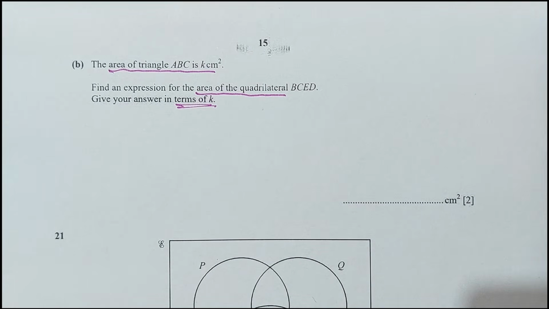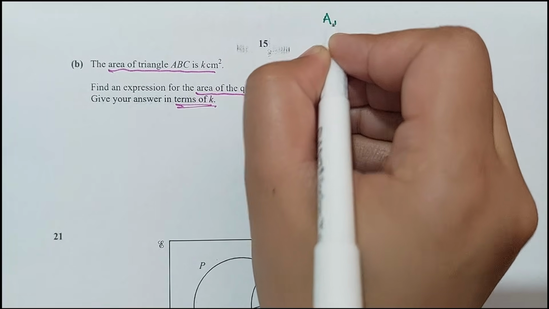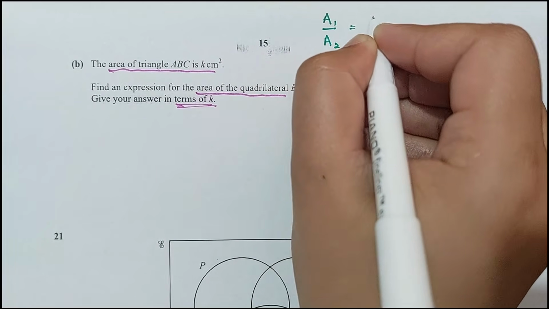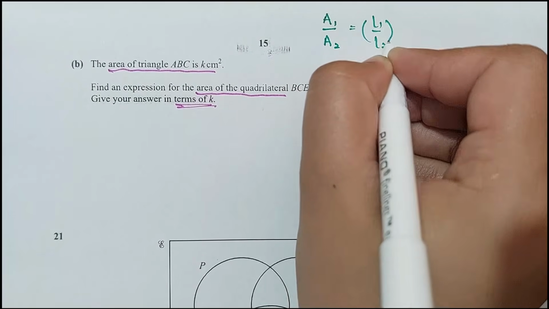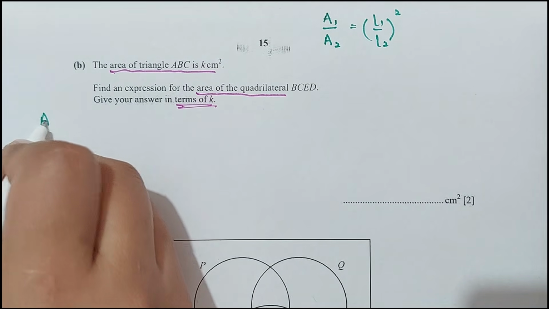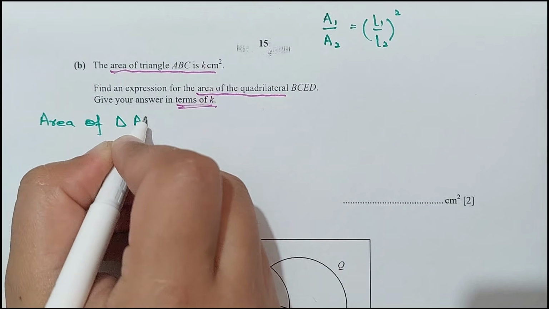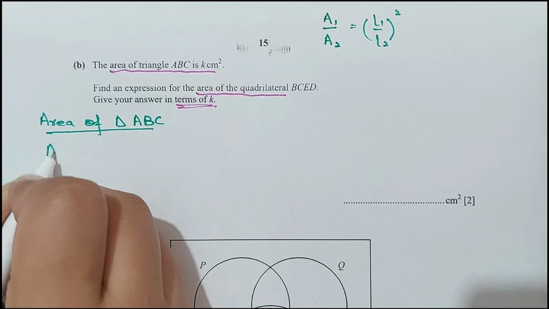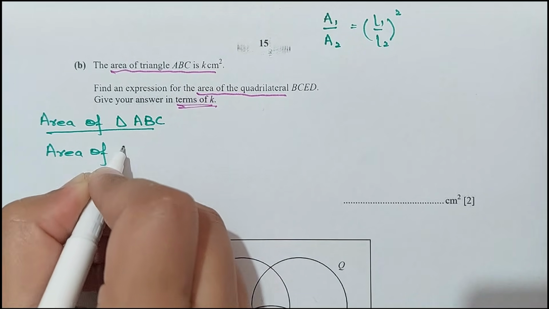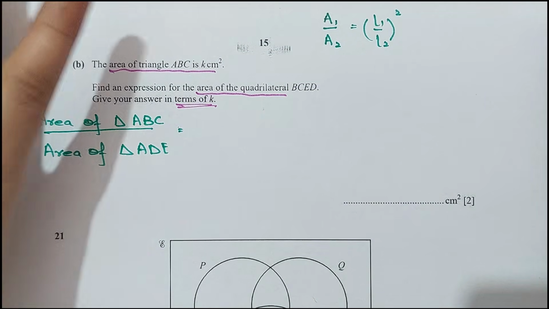As we know, the two triangles are mathematically similar, so we have to use the concept of similarity in terms of area. Using the formula, area of first triangle over area of second triangle equals the length of first over length of second, and its whole square. This is used in terms of similarity, when the two triangles are mathematically similar. So we can say area of triangle ABC to area of triangle ADE equals, let me work on the lengths.